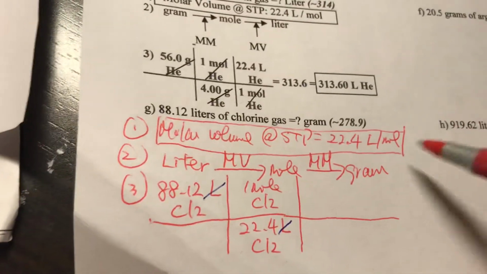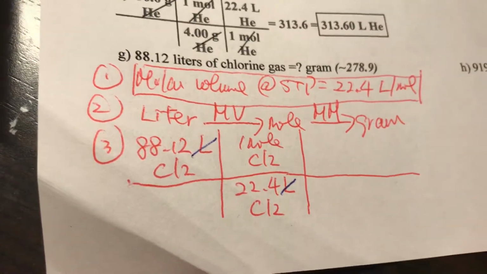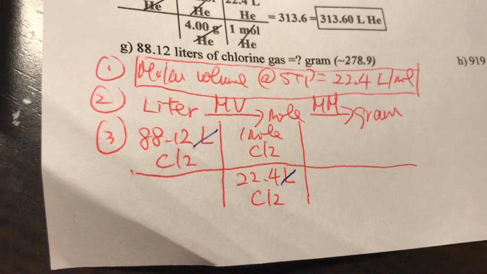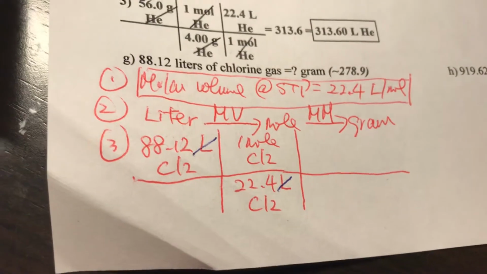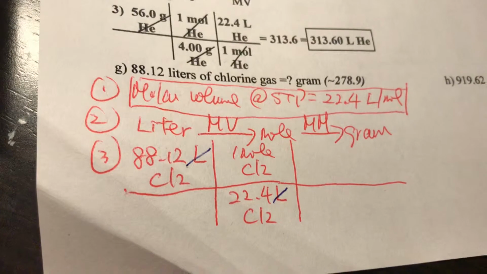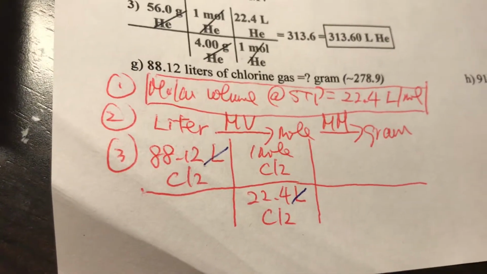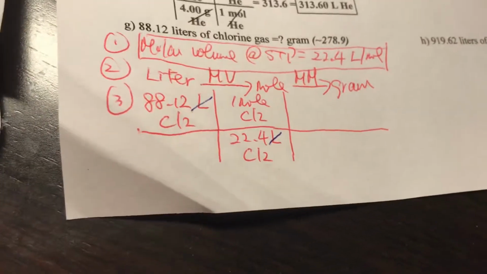And then I will jump to MM. Now the MM for Cl2 is 70.90. Okay, the MM for Cl2, 35.45 times 2, is 70.90. So that is grams per mole.